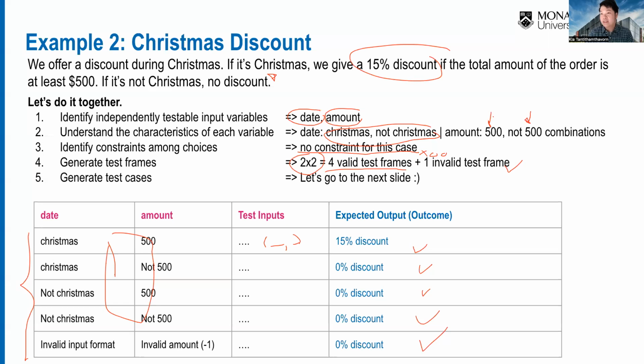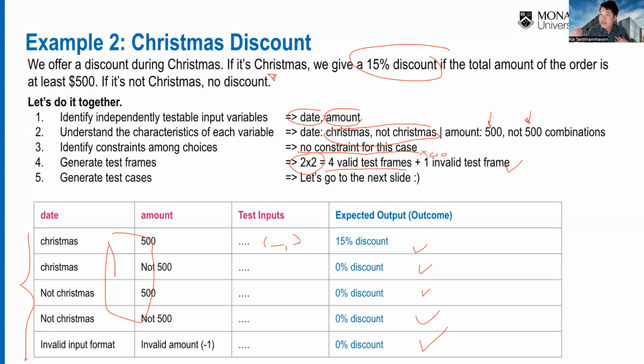In this case, yes, it depends on the specification. If we apply category partition testing and only look into these choices, we only test whether it is Christmas or not Christmas and the amount. But if the spec says something more, for example, the date should be in a valid string format, otherwise it should be handled differently.